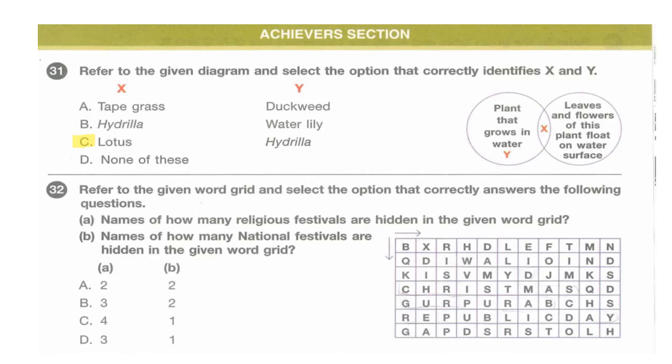Question number 32. Refer to the given word grid and select the option that correctly answers the following questions. A. Name of how many religious festivals are hidden in the given word grid. B. Names of how many national festivals are hidden in the given word grid. Option A says 2, 2, B says 3, 2, C says 4, 1 and D says 3, 1.